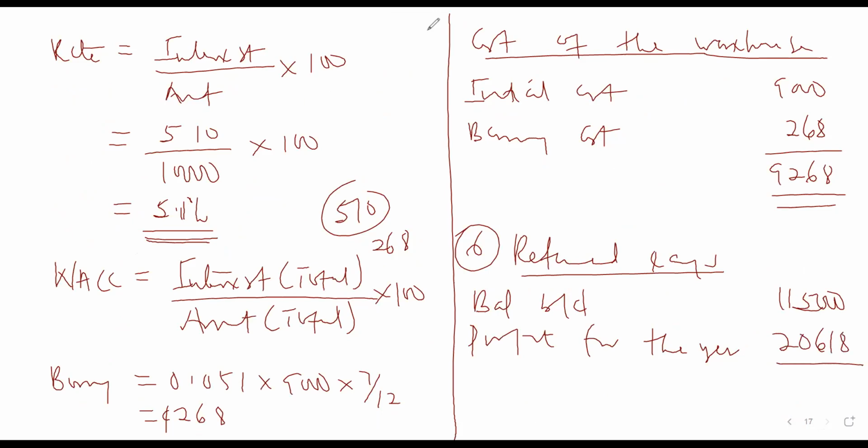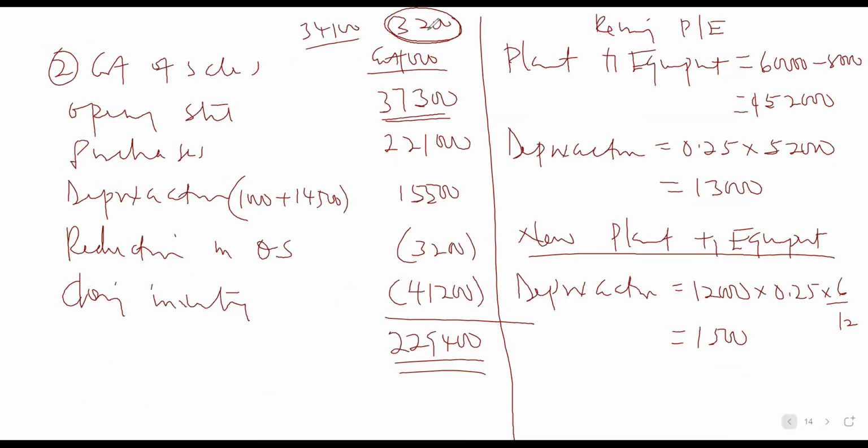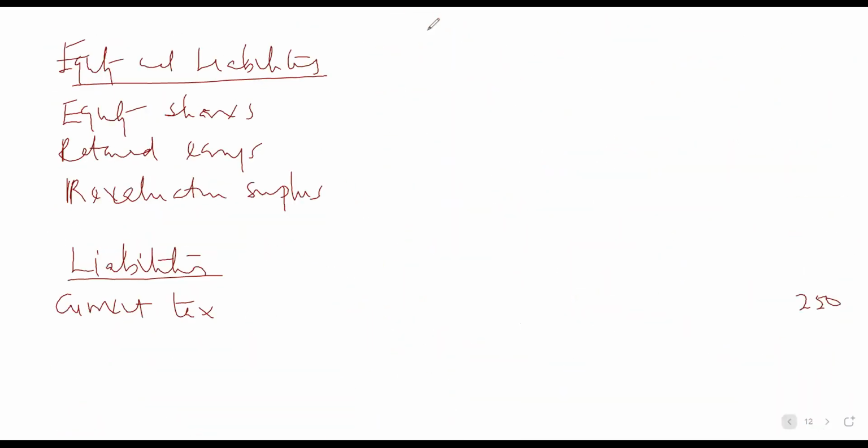And let's add 115,000 plus 20,618. That will give us 135,618. So you go to statement of financial position and you bring your retained earnings of 135,618. The revaluation surplus will be 4,000.